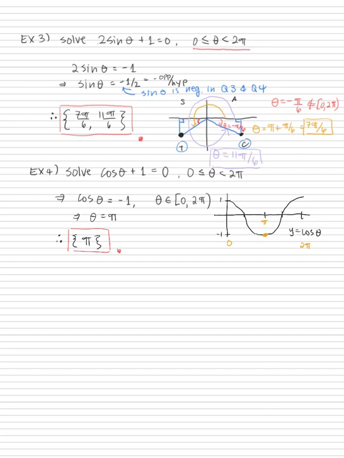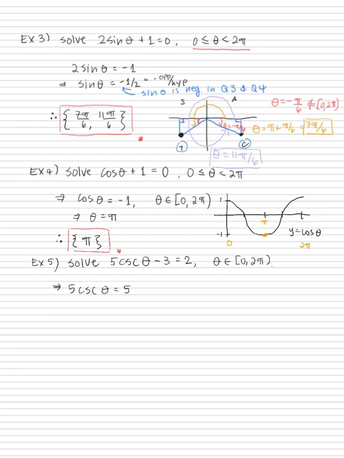Okay, let's do another one. So let's call this one example 5. Solve 5 cosecant of theta minus 3 equals 2, and then again theta between 0 to 2 pi. So let's just take a look at that. So let's solve for the cosecant, and here what we're going to get is 5.